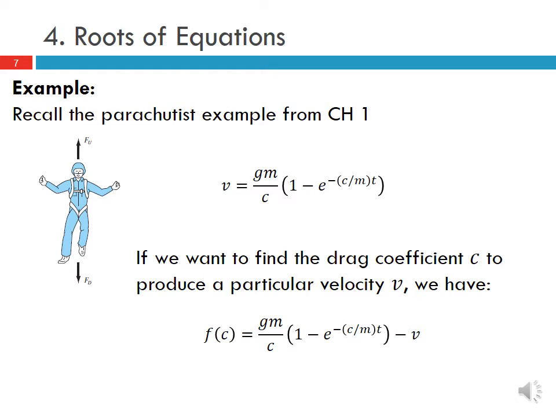If our drag coefficient was our design variable that we wanted to determine to be able to produce a desired velocity, then essentially what we have is this function of c given by gm over c times 1 minus e to the power minus c over m t, minus our desired velocity v. Again, we've got c here as well as up in the exponent, so we can't easily find an analytical solution for this.